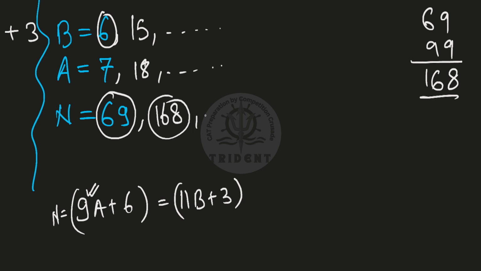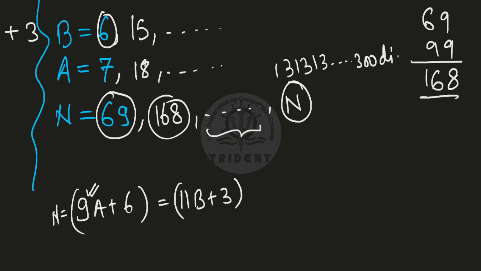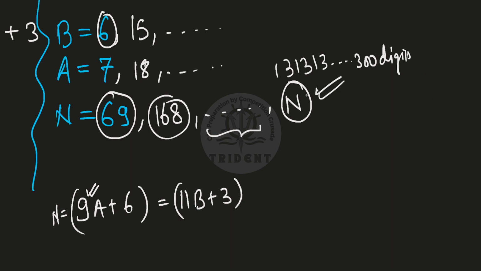Okay, I mean you can have many more terms, and eventually after a considerable length you will get the number n, which is 131313 dot dot dot 3 till 300 digits, right? Now as I have told you, the idea of Chinese remainder theorem is very clear. Just take the first term, which is any of the terms. You can take 69 upon this, or you can take 168 upon the common difference.